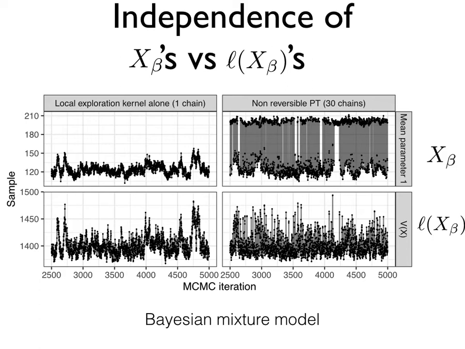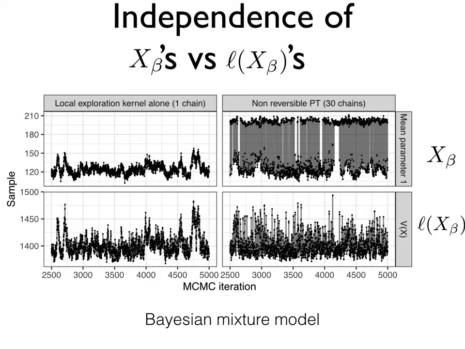But here's some numerical support of this claim that the independence of the x beta is a much stronger assumption than for the likelihoods, the log likelihood applied to the x beta. What you see here is, for a Bayesian mixture model, trace plots for a component of x beta on the first row, namely a mean parameter for one of the cluster components. And on the second row, I show this function, the log likelihood, evaluated at a sample x beta.